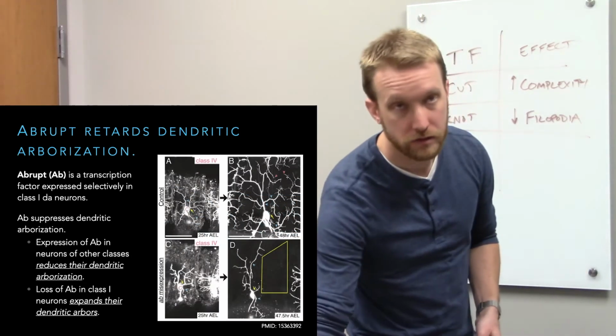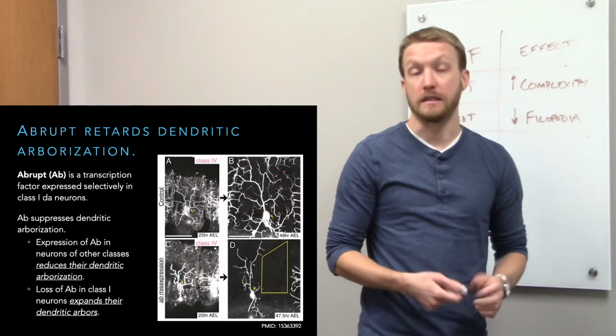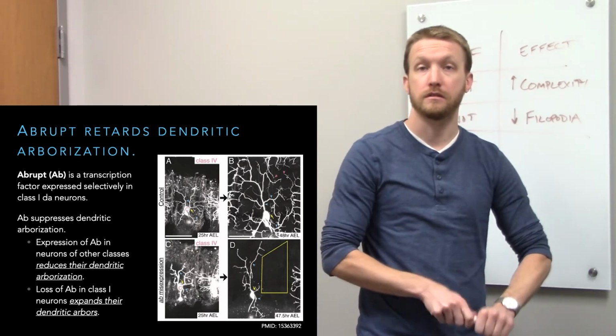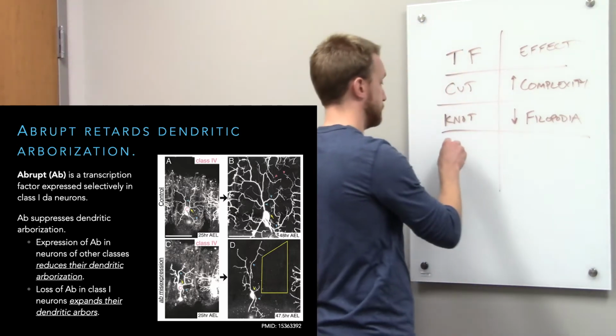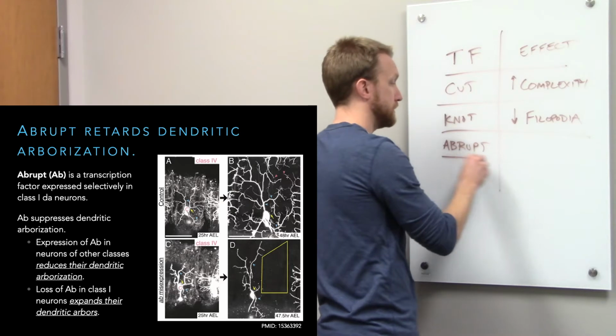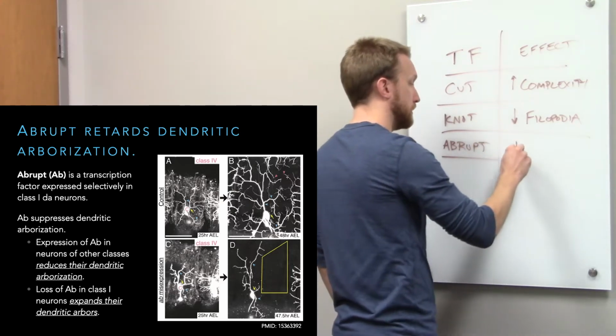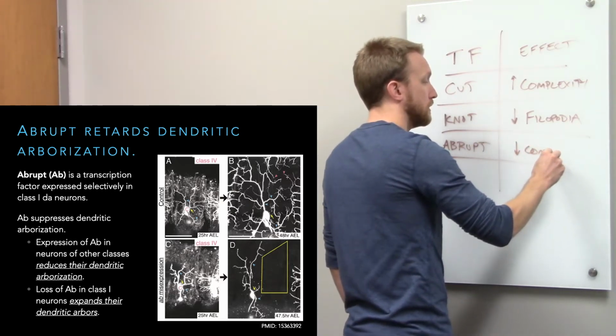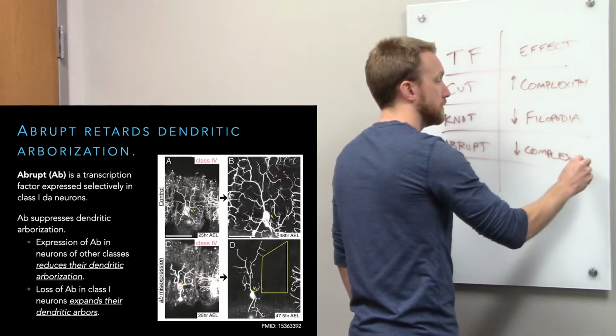Abrupt is the transcription factor that, as the name suggests, decreases the complexity. So this is the counterpart to cut. Rather than increasing, we're going to be decreasing complexity.